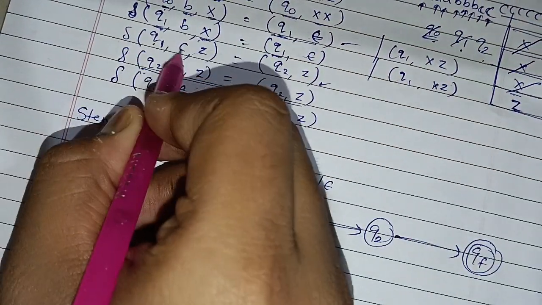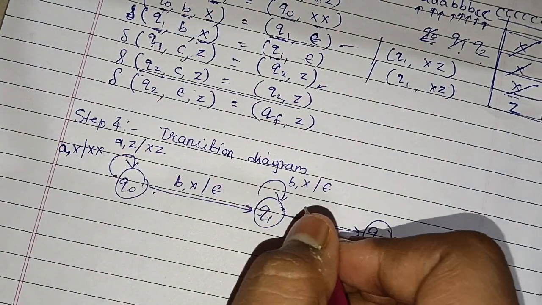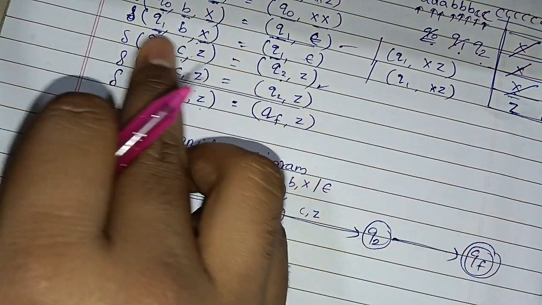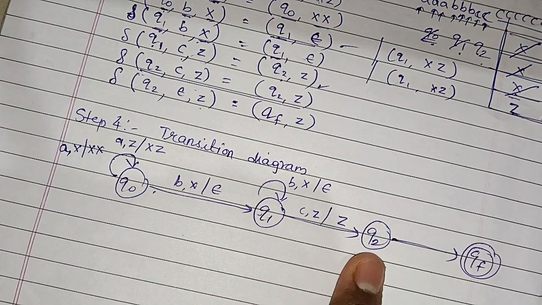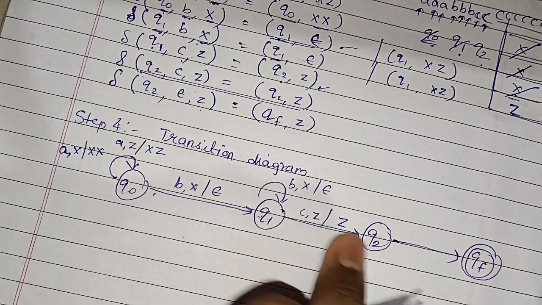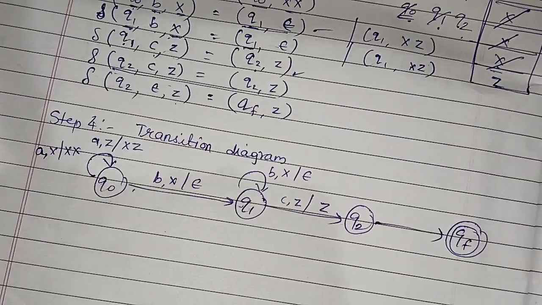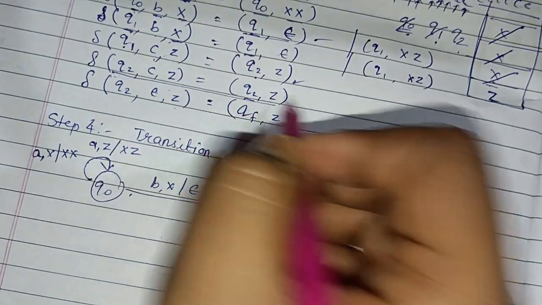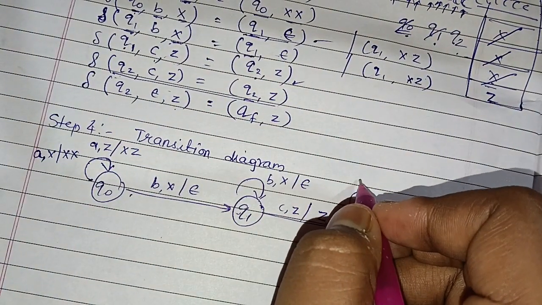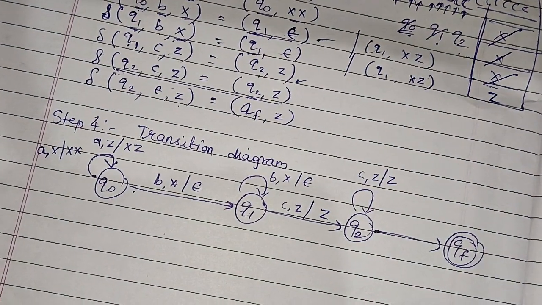Now see, q1 c Z, so go to q2 and don't need to pop or push anything. So q1 c Z, no need to push or pop, go only to q2. So it is only changing the state. Okay. Now see, q2 c Z, stay in q2, means no need to push or pop, keep the stack as it is.